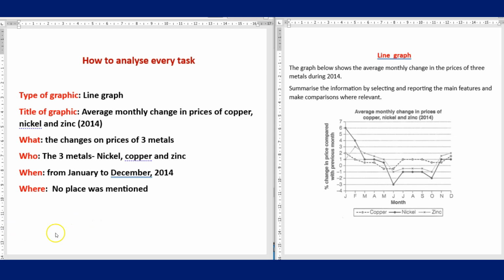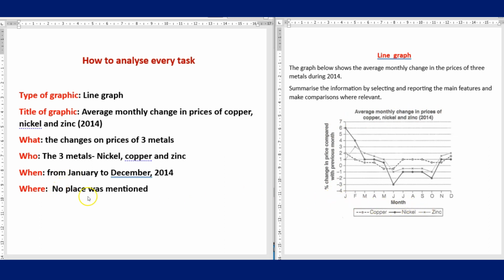This can only be achieved when you analyze the question. So where was this information taken? The information was taken, but they didn't specify any place. You can see from here showing the average monthly changes in prices. No place was mentioned. We can look at this side and that side, but they did not mention any place.